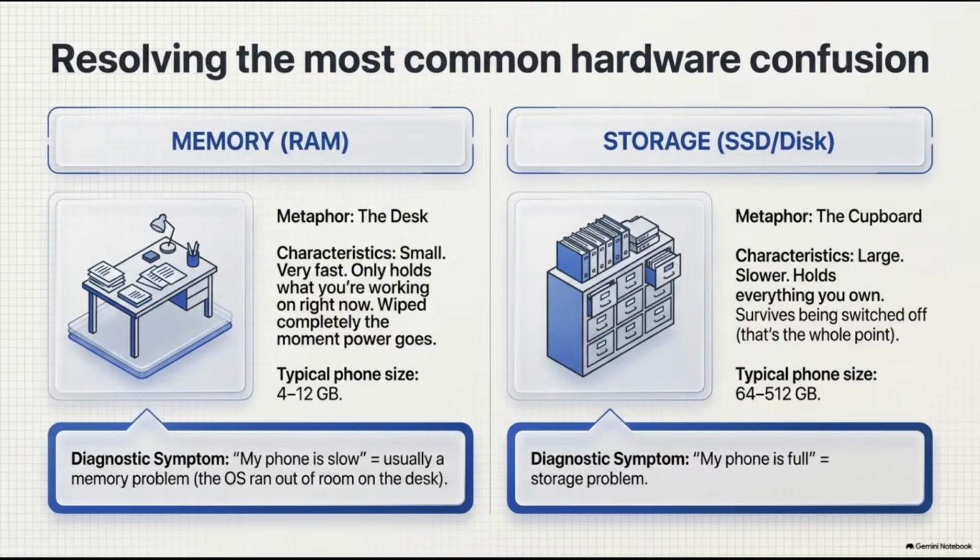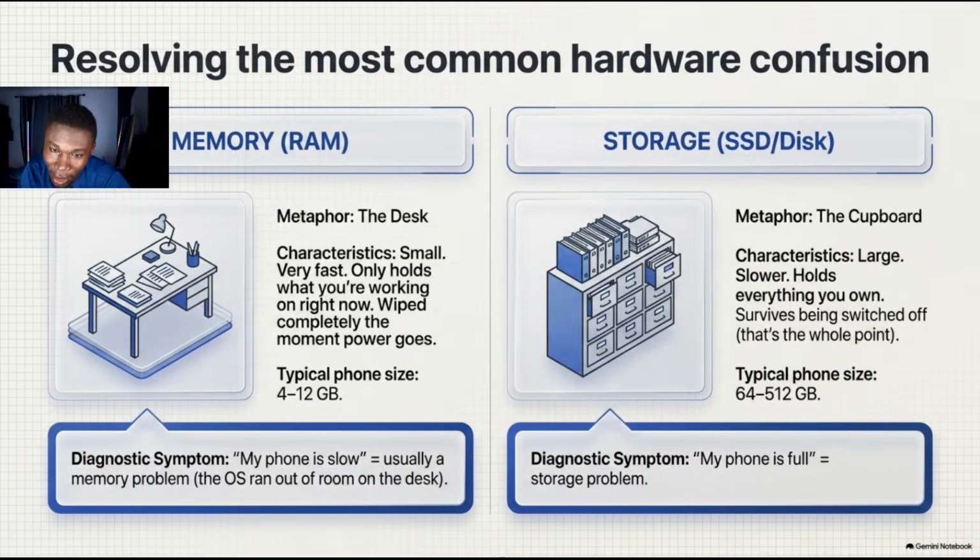Now, can you tell me the difference between memory and storage? Storage is where information, data is stored permanently, and memory is where data is stored temporarily. Okay, well, that's it. That's a simple definition.